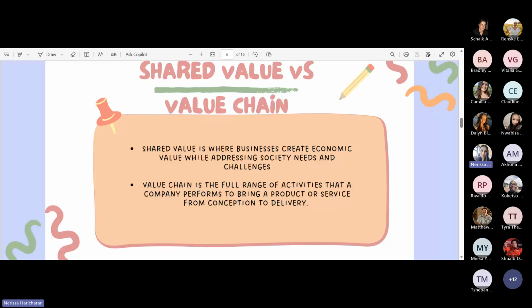Maybe the specific product that you are manufacturing is known to be harmful, then you can put in different carbon emission strategies. So it's having full-on shared value, where you're making money as a business, but you're also contributing and trying to help the community as much as possible.